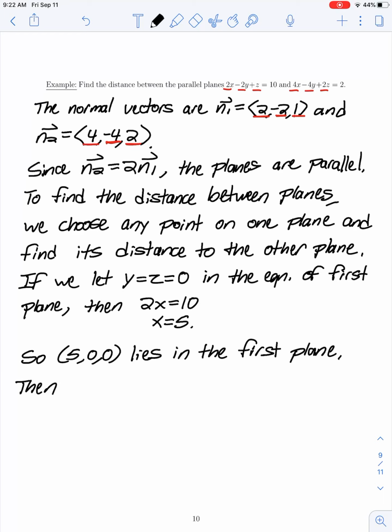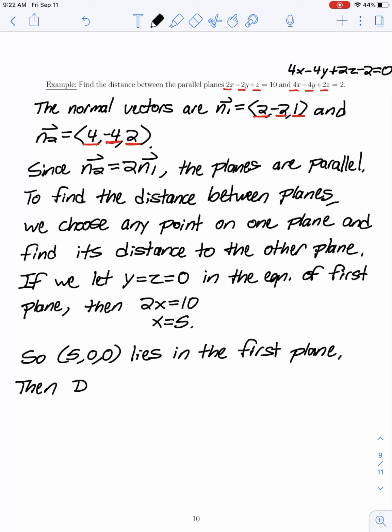And then to find the distance from this point, 5, 0, 0, to our second plane, we could use the distance formula, which we had just considered. Now, the equation for our second plane, I'm going to rewrite as 4x minus 4y plus 2z minus 2 equals 0. Because I want the form for the equation of my plane to be some expression equals 0 as we had in that distance formula.